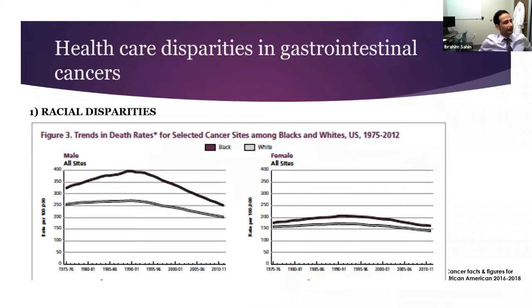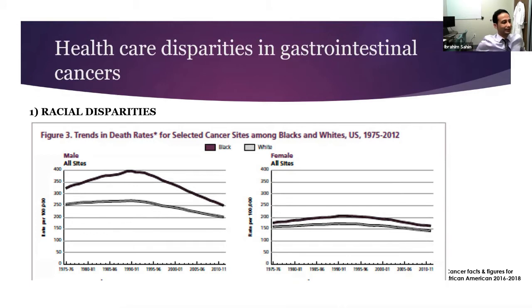This figure is from a very comprehensive database published in Cancer Facts and Figures, covering almost the last three decades. The left one shows the male population, and the right figure shows the female population.